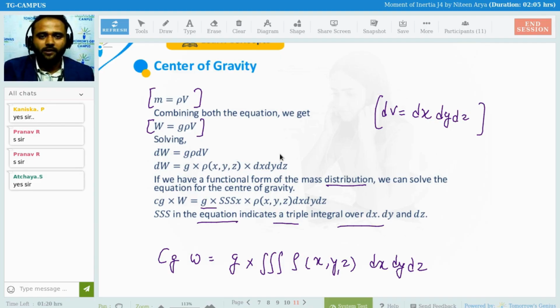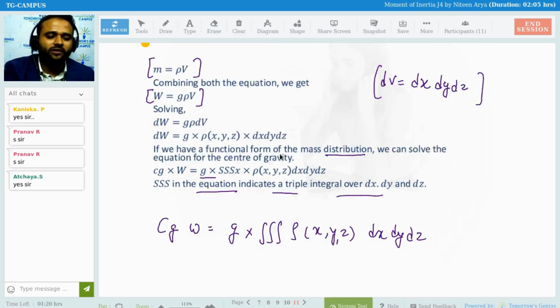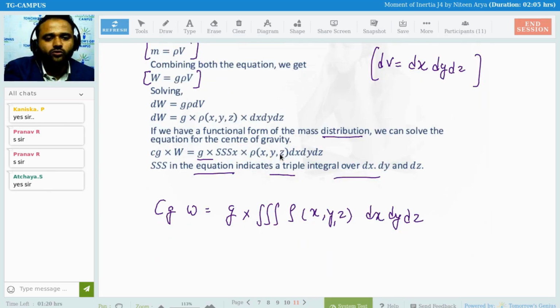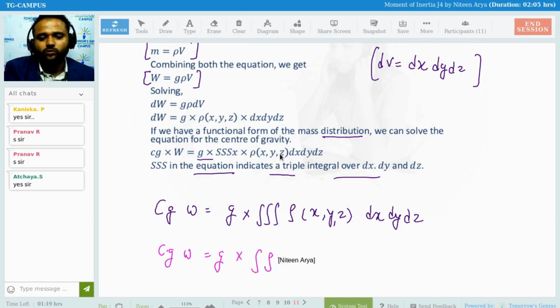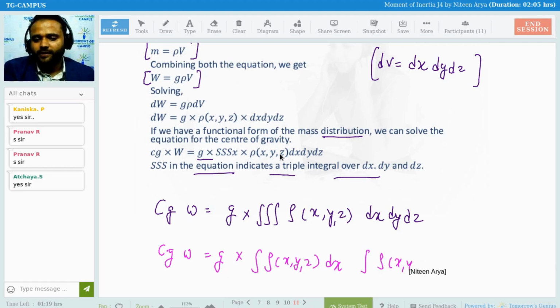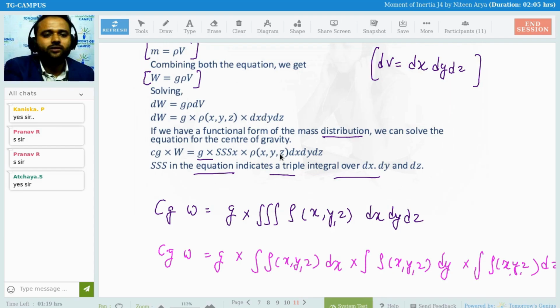You can do the triple integration altogether, or you can do it in this way also. It's our choice. Center of gravity times weight equals the integral of x g rho(x,y,z) with dx, so y and z can be treated as constants, then rho(x,y,z) dy, then rho(x,y,z) dz.